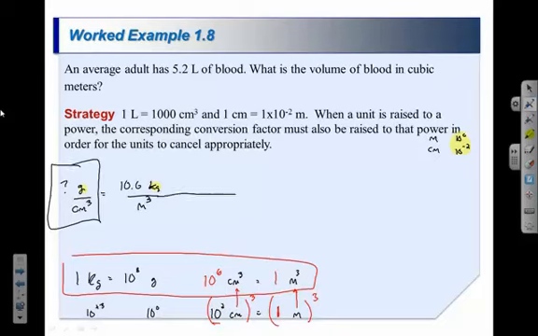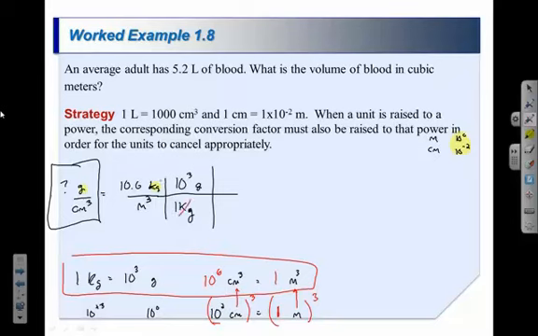I just need to set this up so when I multiply that 10.6 kilograms per meter cubed by my first conversion factor, I'm canceling some units. So maybe I want to cancel the kilograms first. I determined 1 kilogram equals 10 to the third grams. So that's one relationship.